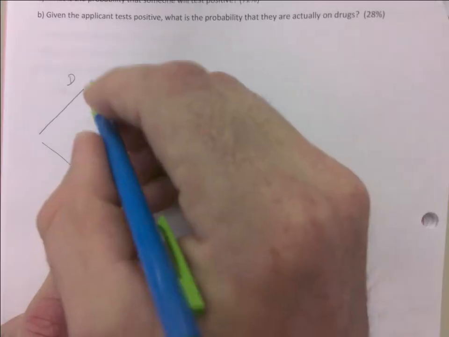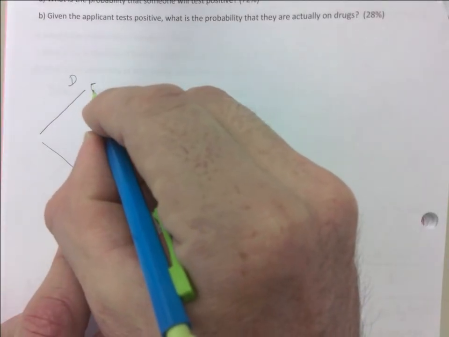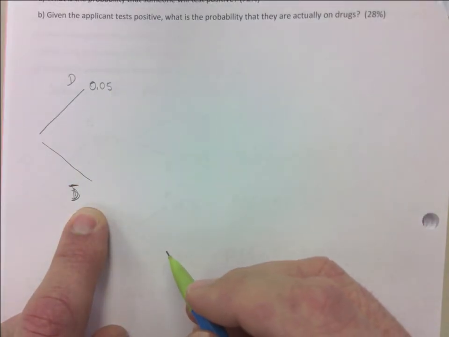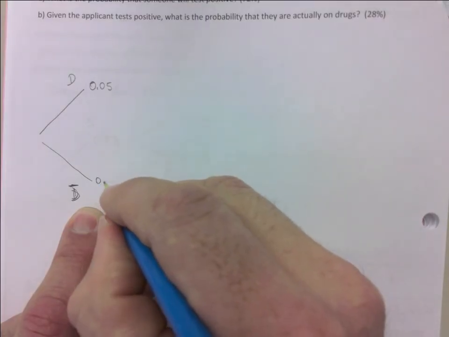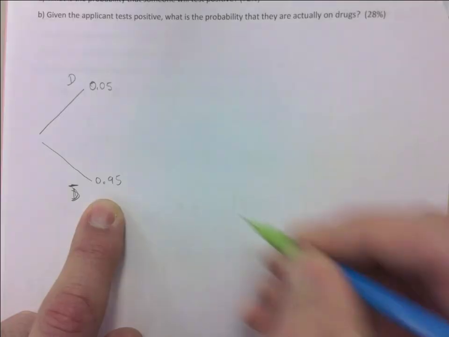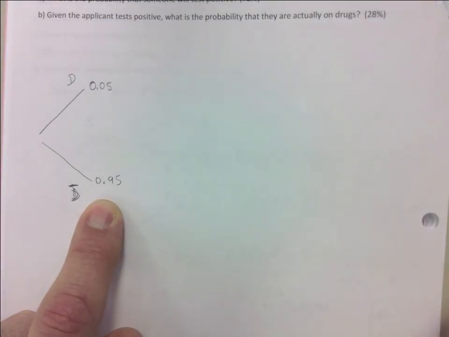So there's a 5% chance, so I'm going to go decimal here, 0.05, that the applicants actually use drugs. Therefore, 0.95 or 95% are not going to be using.